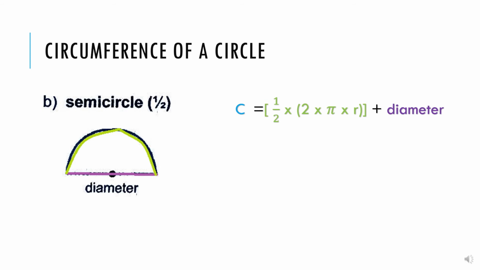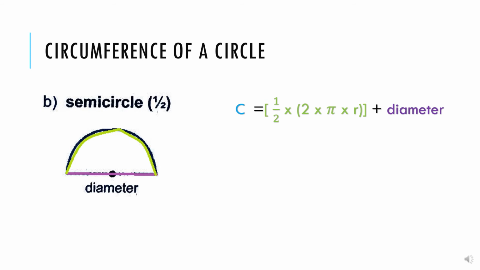So the circumference equals the circumference of a full circle multiplied by a half, because you see it's a semicircle, so we only want half of the circumference of that circle plus the remaining side there, which is the value of the diameter.